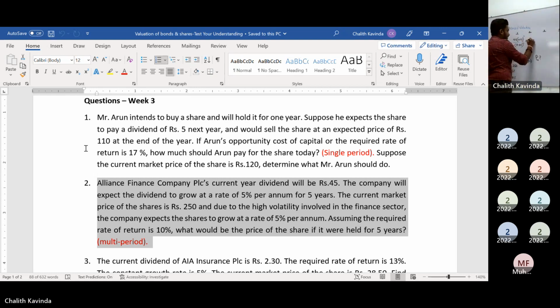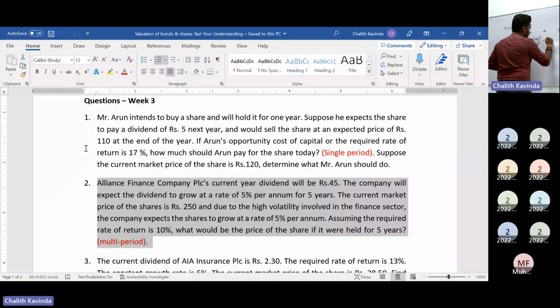Plus, for the second year also, you can either use your dividend 0 and add the growth rate, or else you can calculate the year 1 dividend and keep it there. We'll do it like this: 45, 1 plus 5% to the power 2 divided by 1 plus 10% to the power 2.